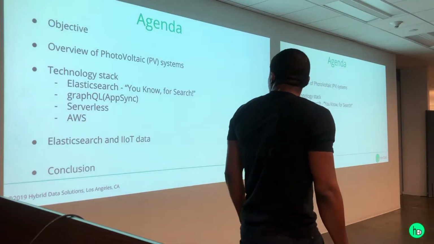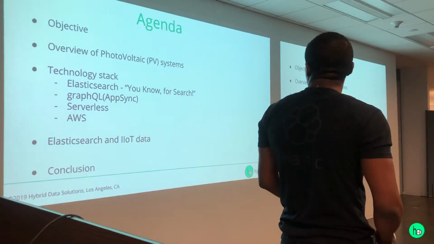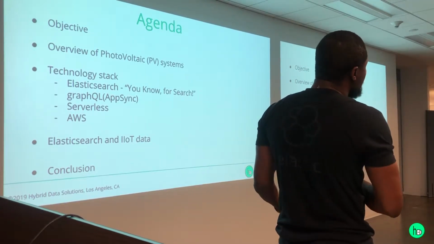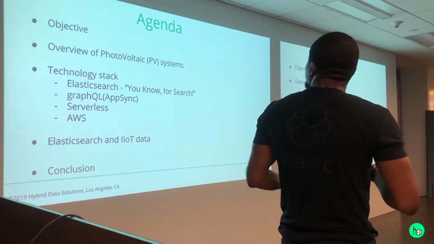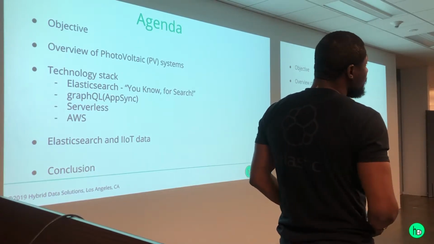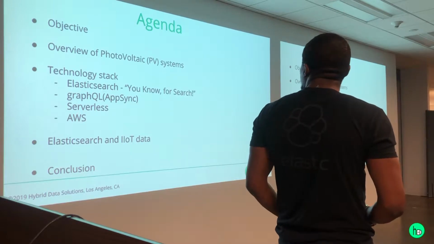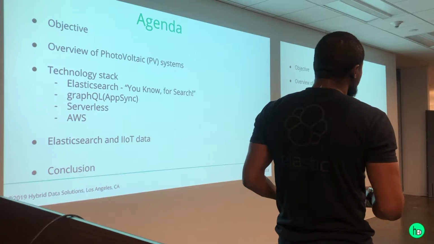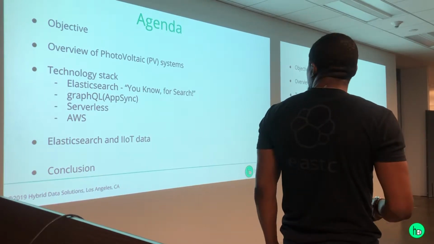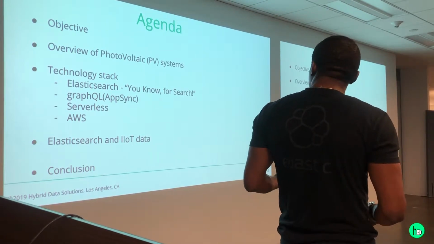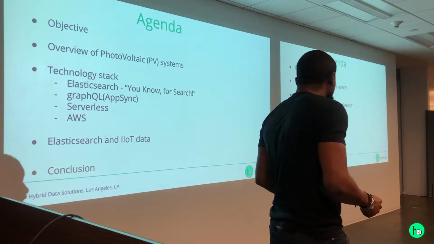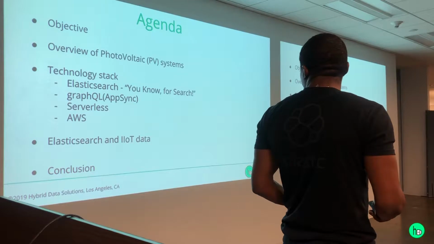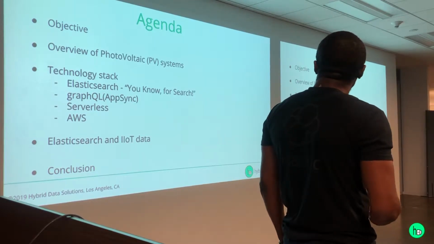As far as my talk today, I'll first rephrase the title of my talk, then give you an overview of what photovoltaic systems are, then talk about the technology stack that we use to mine value from it, then give you a sense of the insights you can get by using Elasticsearch and IIoT data, and also round up with a conclusion.